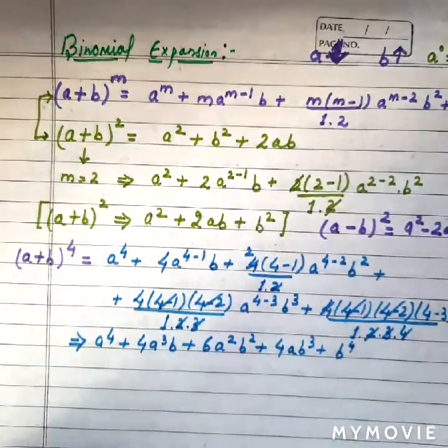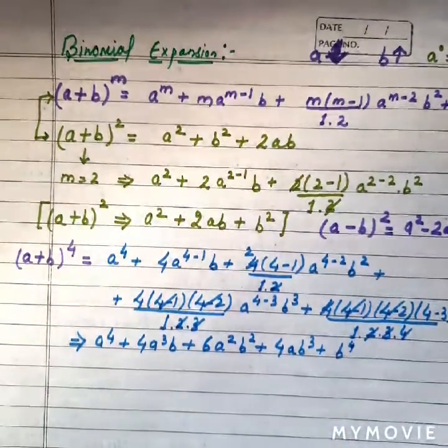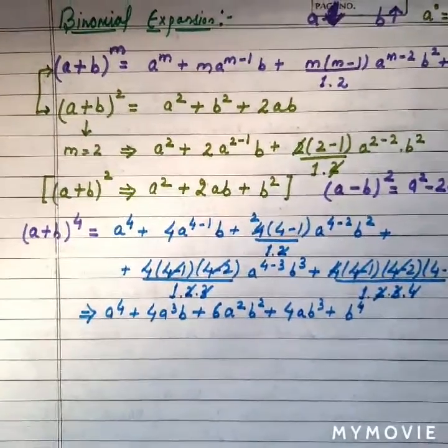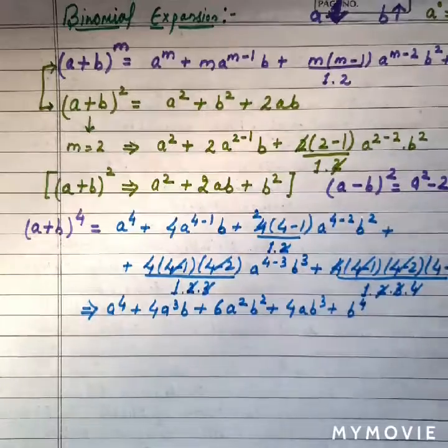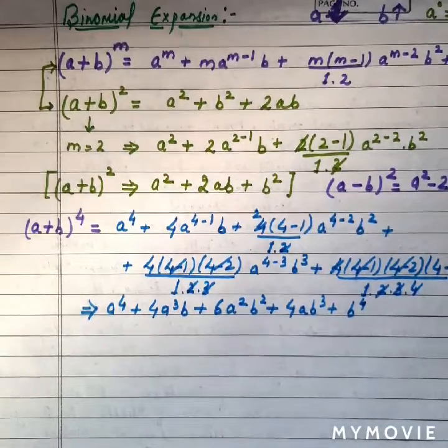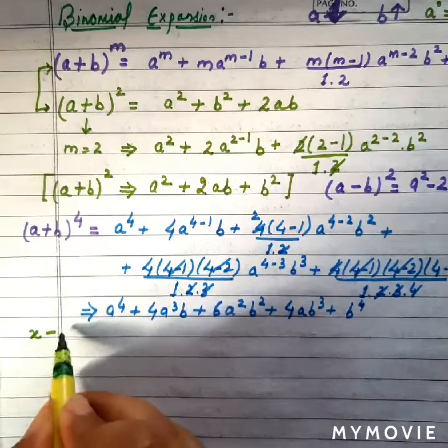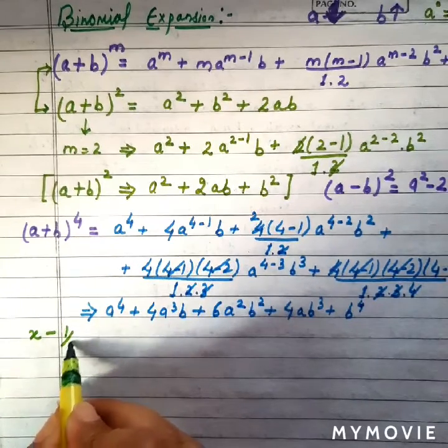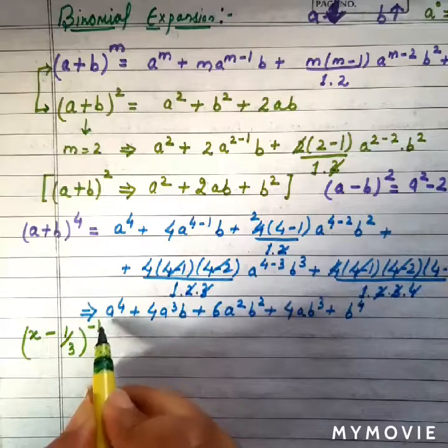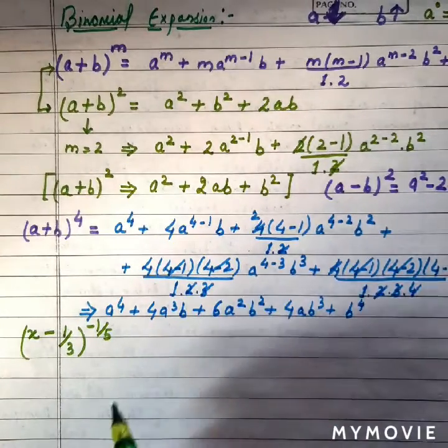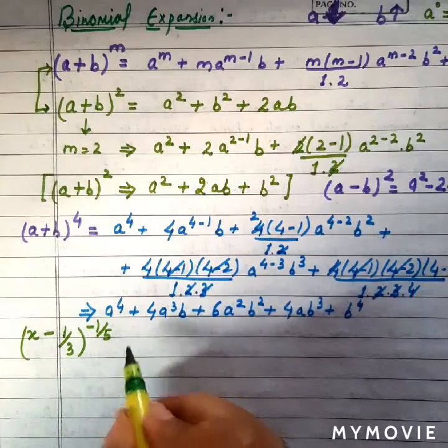So this is about how to find formulas with the help of binomial expansion, and in this way we can also solve some other expressions, and we can prove any type of problem, or we can take x minus 1 upon 3 raised to power minus 1 upon 5, these types of problems, or you can take any type of values.